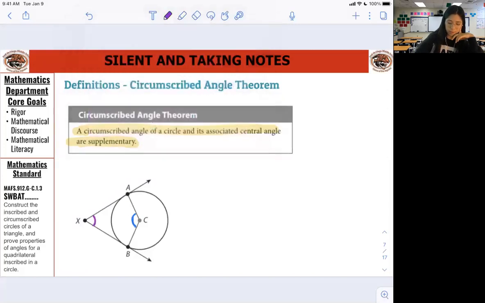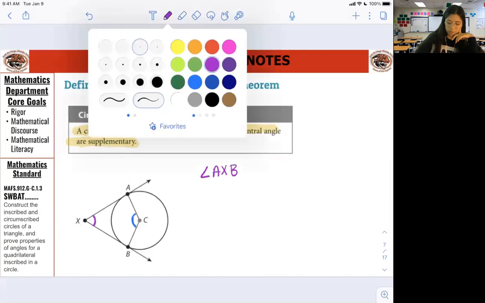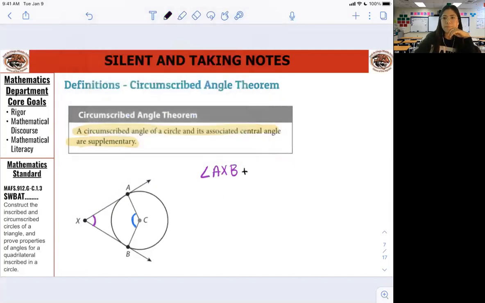So on this example, they're going to be supplementary. So angle AXB. What does supplementary mean again? Thank you, Emily.